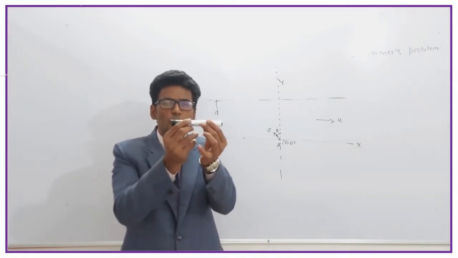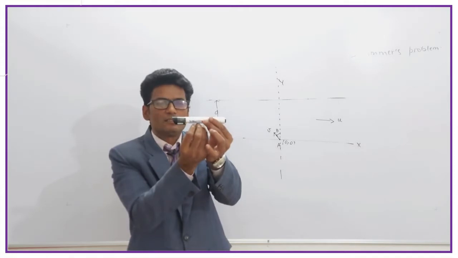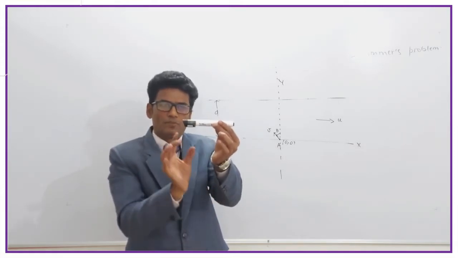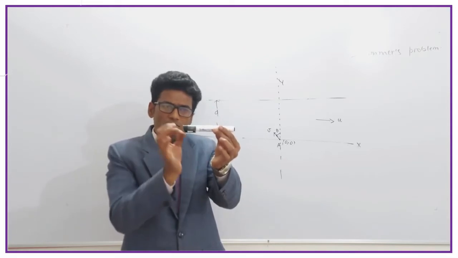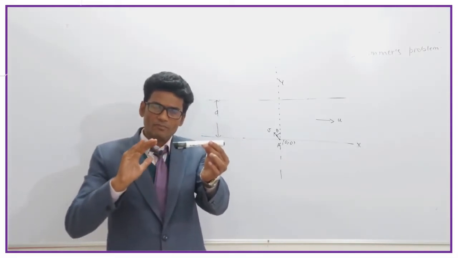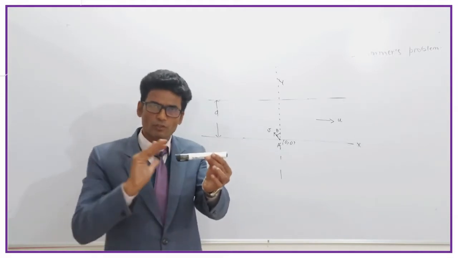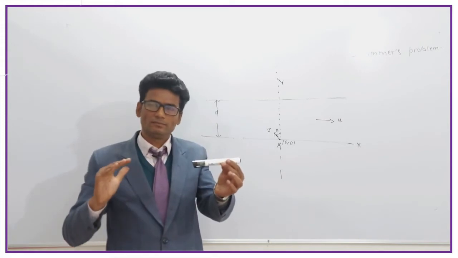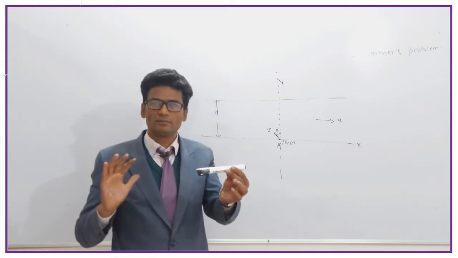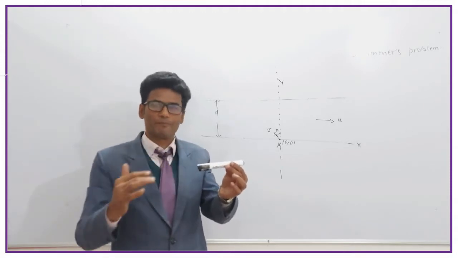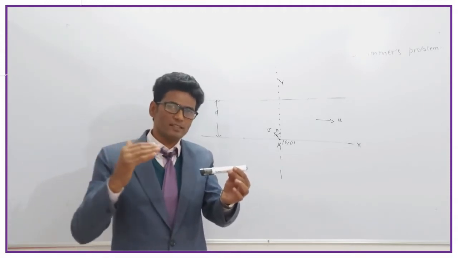Then acceleration due to gravity is all the time downward. But a question arises here: may the swimmer provide some acceleration, or might a boat or ship provide some acceleration?